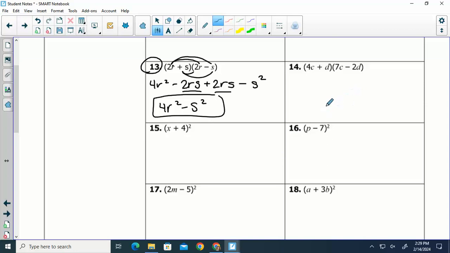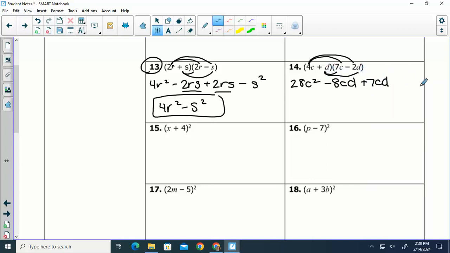Okay, let's try one more with multiple variables like that. So if I look at 14, 4c times 7c, 28c squared. 4c times negative 2d, minus 8cd. d times 7c, plus 7cd.